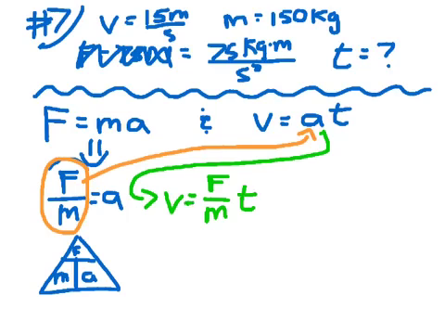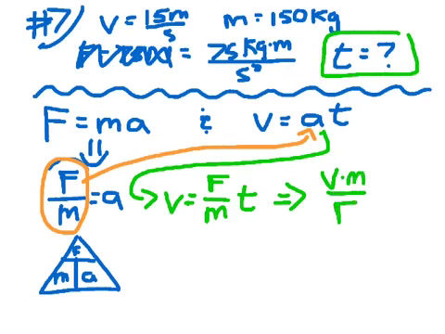If I rearrange that, because t is the thing that I want, I multiply both sides by m over F, and I get v times m over F. Notice the m over F on the right side disappears, and that's going to equal t.